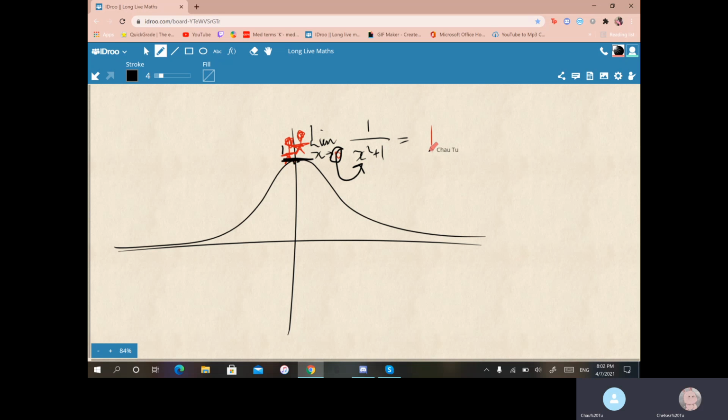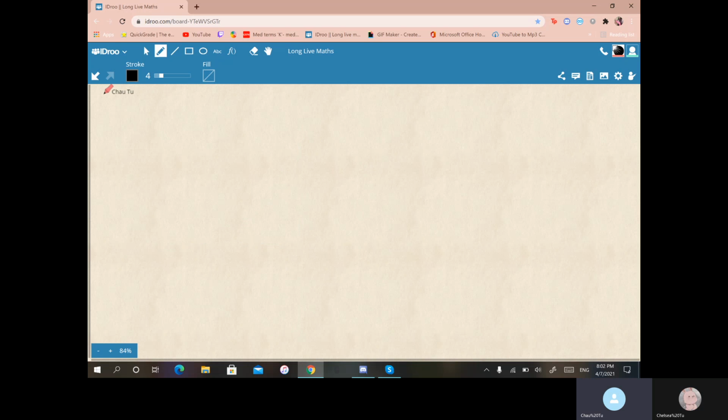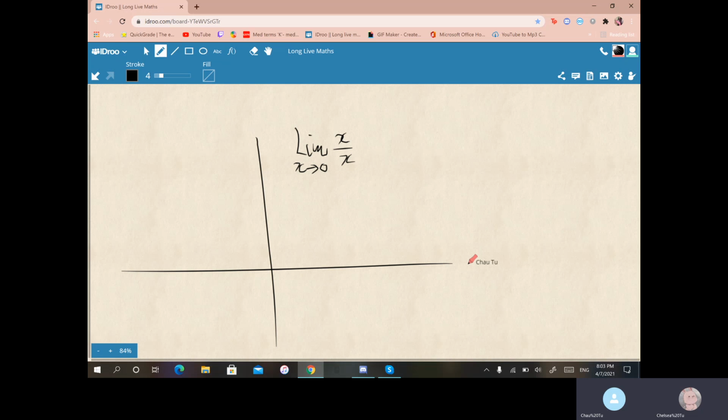What about this one? What is the limit of x over x as x heads towards 0? And you guys can never remember this function, right? What does this graph look like? x over x.